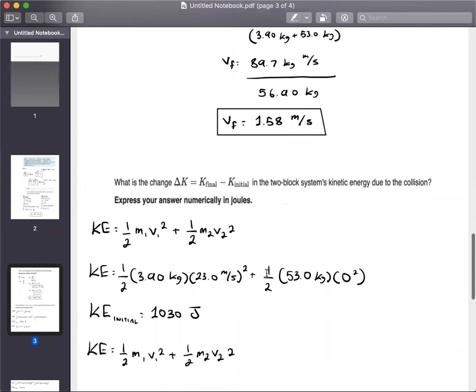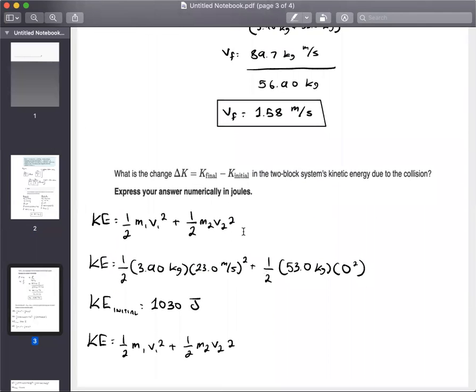To represent the kinetic energy of a system, we use this equation, which allows us to incorporate all of the values for the masses and the velocities for the two blocks. To find the initial kinetic energy, I used this equation and the initial velocities for both blocks.